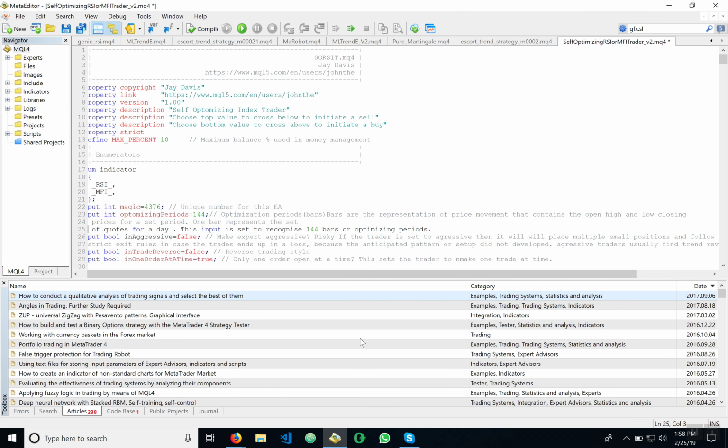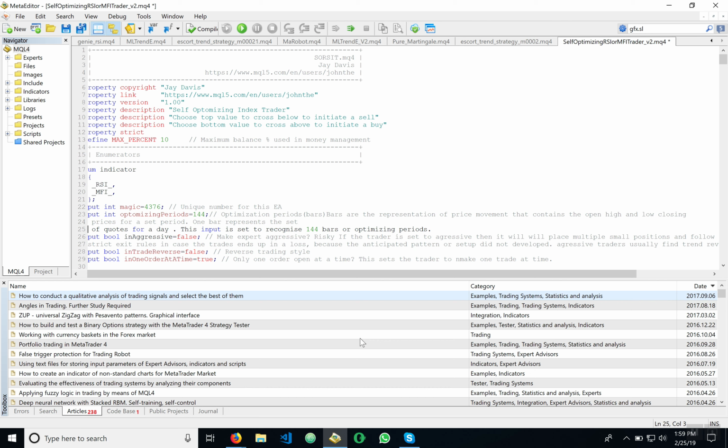So today we'll be looking at the code for the self-optimizing RSI or MFI expert trader. What this trader does, firstly, is it is a self-optimizing trader, and it helps to first optimize itself to predict future trends for buying and selling.